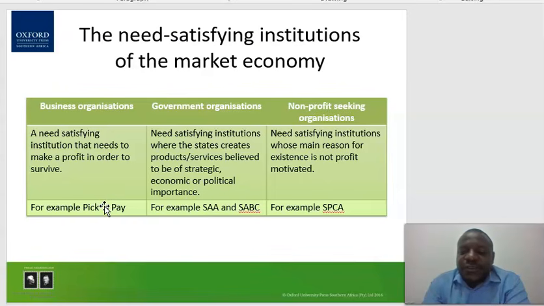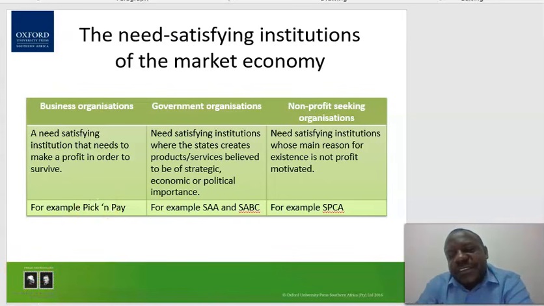In South Africa, we speak of organizations such as South African Airways, the SABC or South African Broadcasting Corporation, and ESCOM, where we get our electricity. Some would argue that where we get our load shedding. But no, we get electricity from ESCOM.